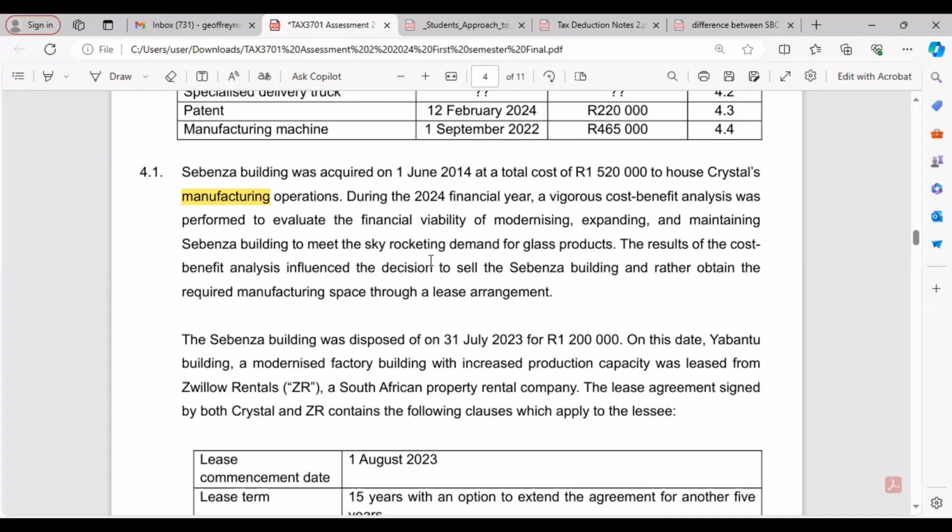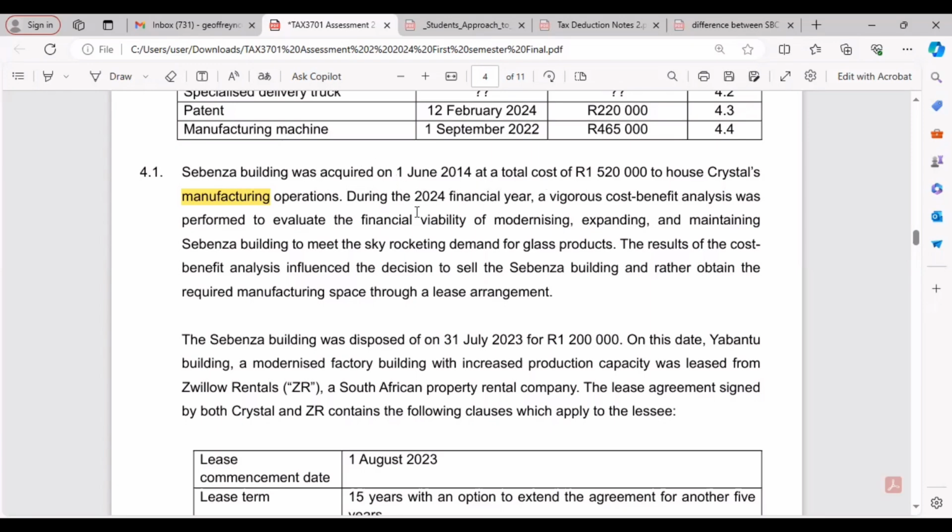So manufacturing building is section 13.1, right? And SARS says, okay, on the cost that you incurred, you can claim it every year at the rate of what? Who knows the rate? 5%. Doesn't matter whether it was bought one day before the end of the year, you claim the full 5%. Okay, you claim the full 5%.